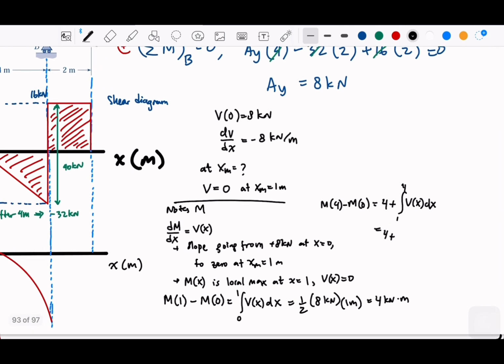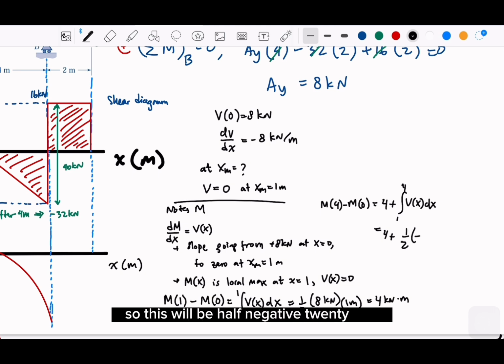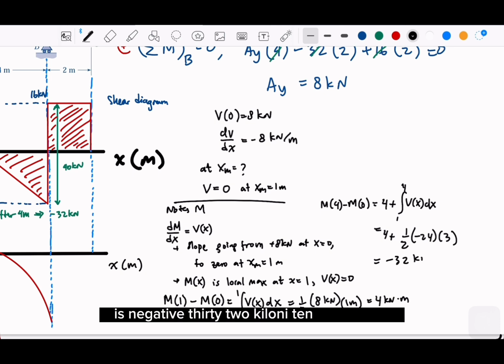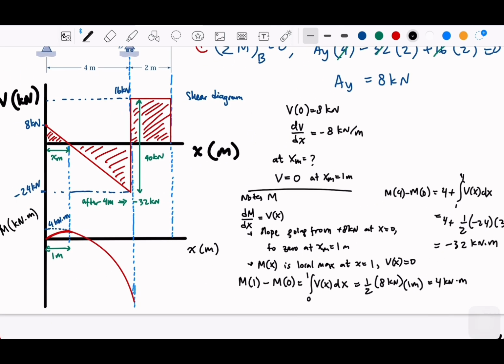So this will be half, negative 24, and then 3 meter, right? This is 3 from 4 minus 1. So this will be negative 36. Negative 36 plus 4 is negative 32 kilonewton meter.